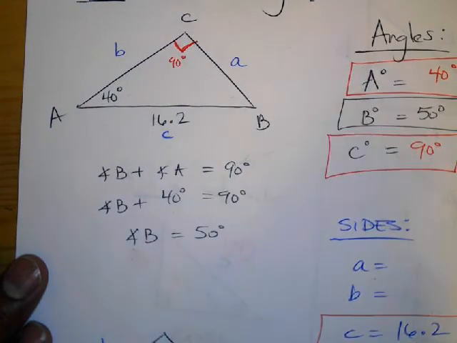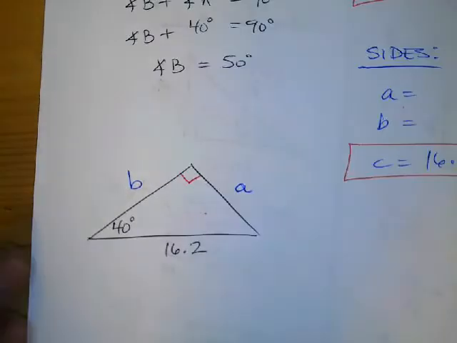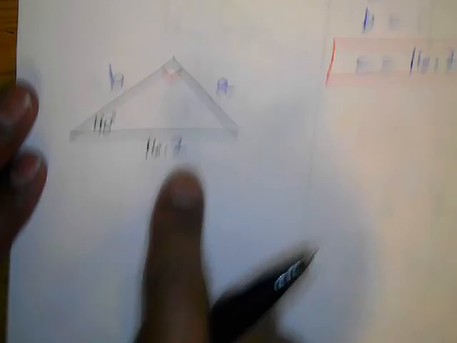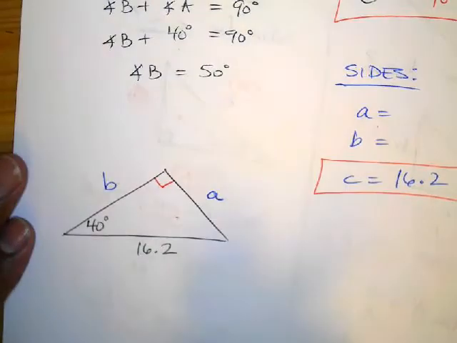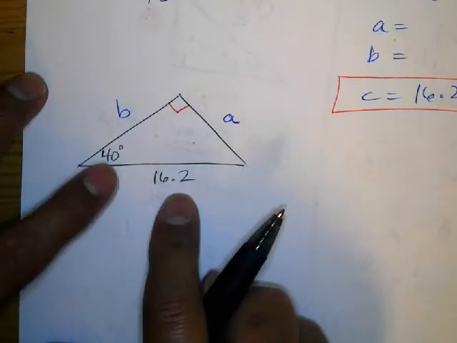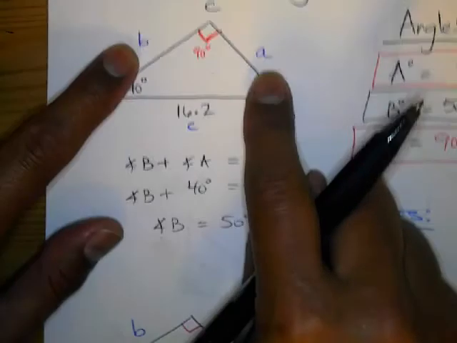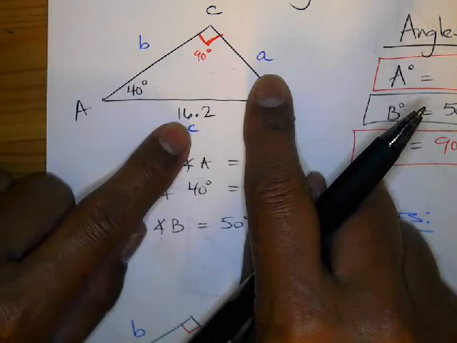A and B. I need to find A and B. All right, sorry, I'm not showing that. There it is. So I'm going to copy it. I'm going to get rid of the capital letters. I'm just going to keep the information I need. The information I need is the given angle and the given side, and then the two sides that I need to find, right? I don't need to find C. It's already there.